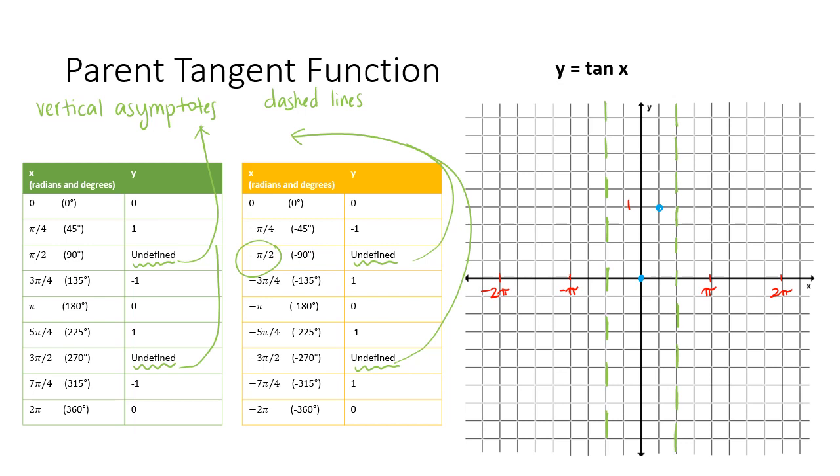Okay, and I also am going to plot my point negative pi over 4, comma, negative 1. So that's going to be right here, if my scale is showing that this point is negative 1. So I've got these 3 points and these 2 vertical asymptotes.